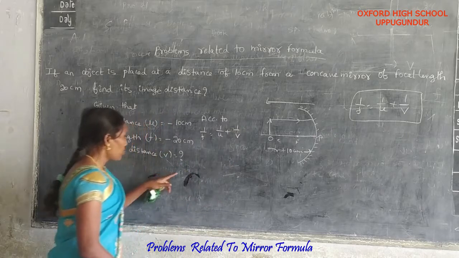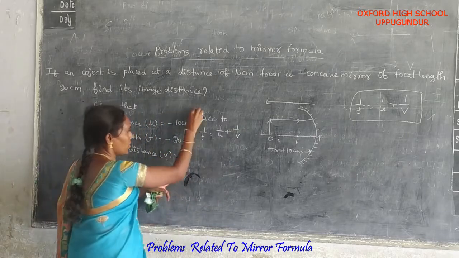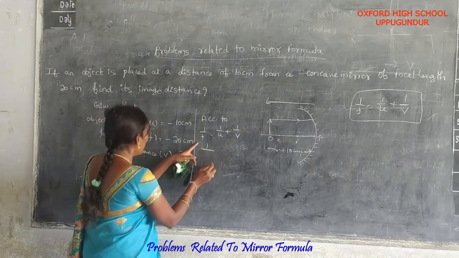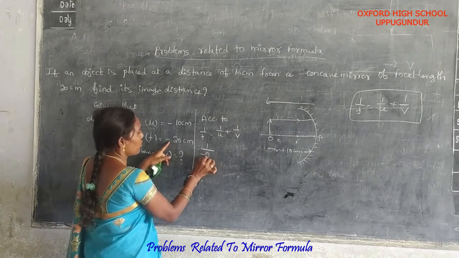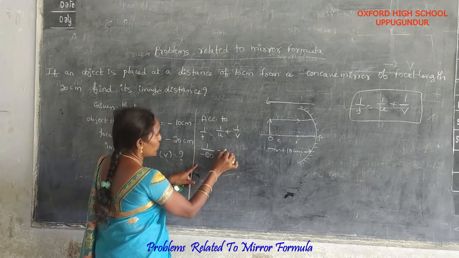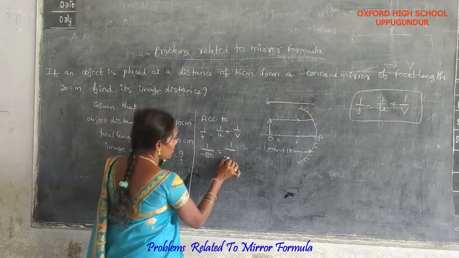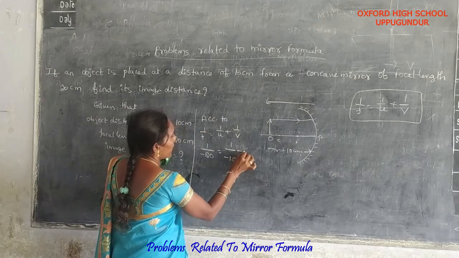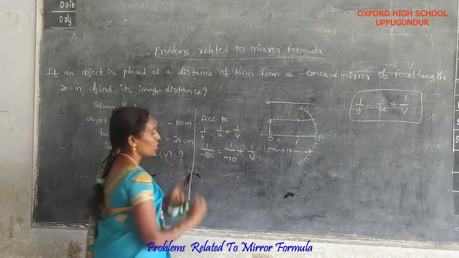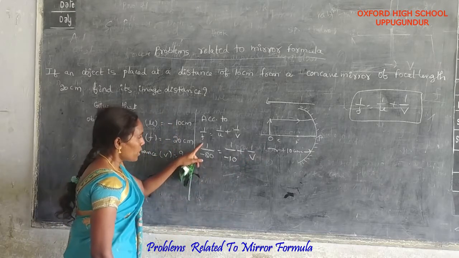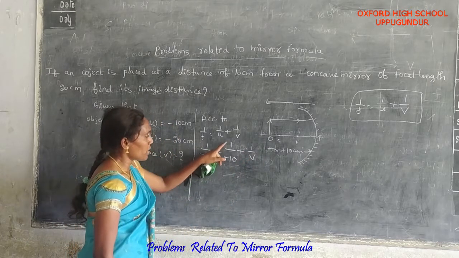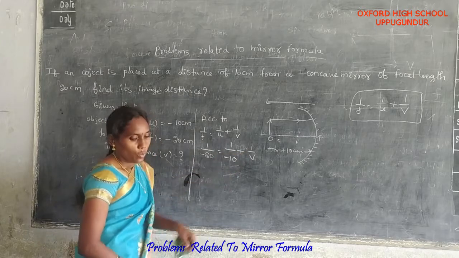Substitute these values in this equation. Here 1 by f is 1 by minus 20, which is equal to 1 by u, that is object distance, minus 10, plus 1 by v.